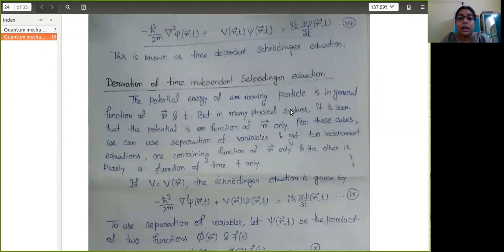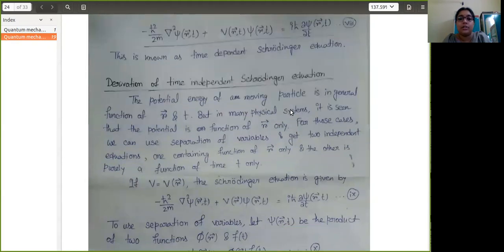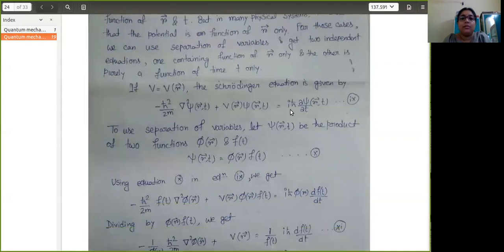So this is the primary condition for derivation, that the potential V has to be a function of r only. It should not be a function of t. So if V is equal to V(r) only, then we can write the Schrodinger equation like this.